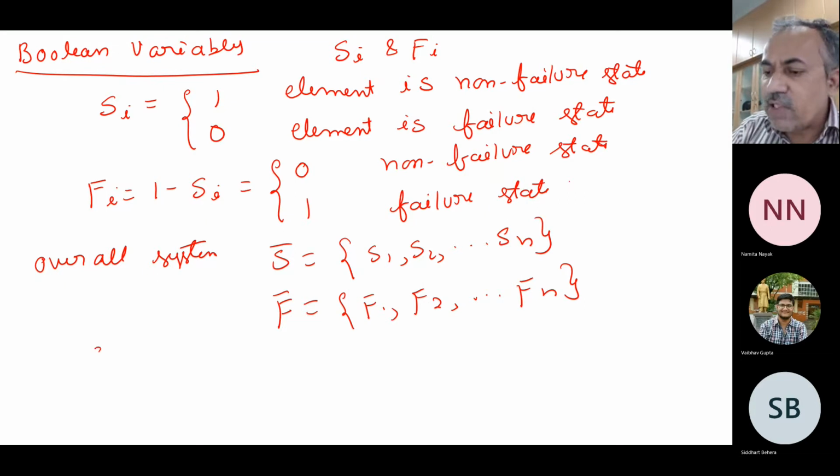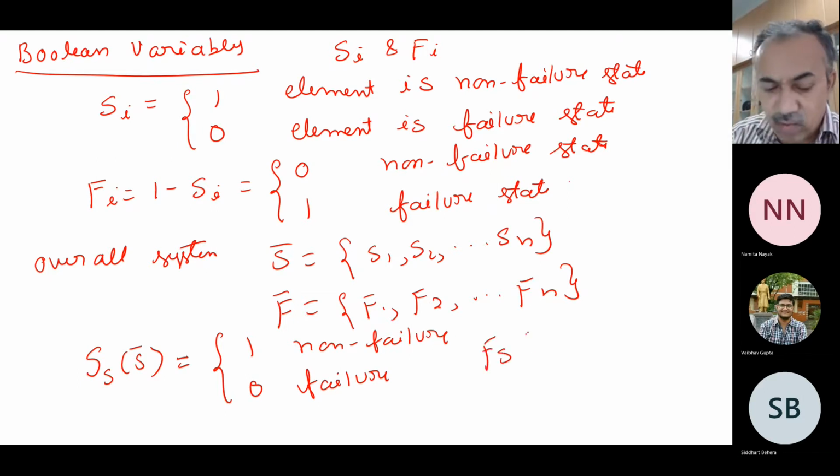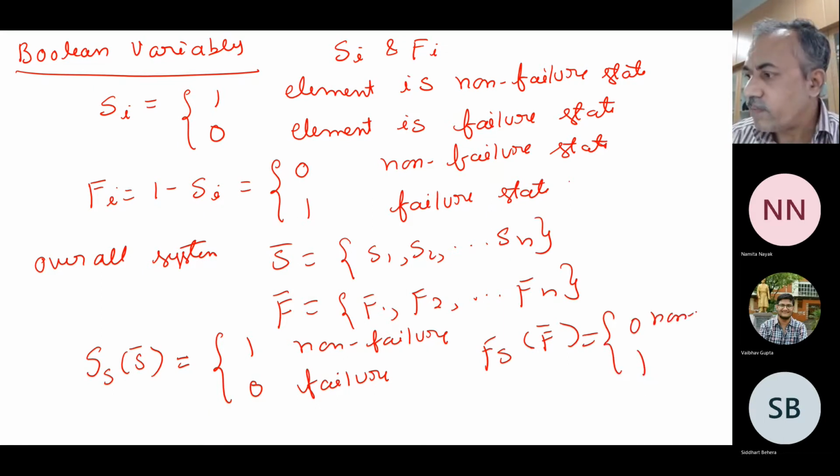Finally, for the system we have S-bar, which can also be 1 or 0, non-failure or failure state, for the overall system itself. Similarly I can define Fs as F-hat, which is also 0 or 1, non-failure and failure state. These are just set notations.